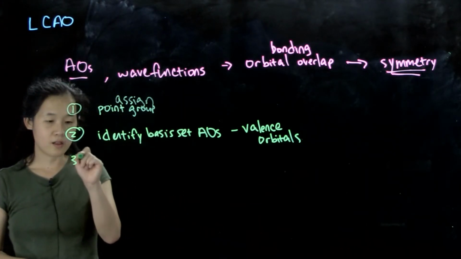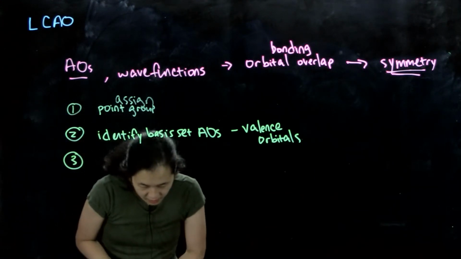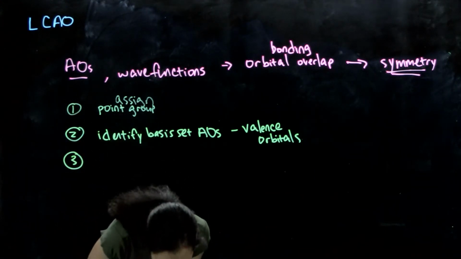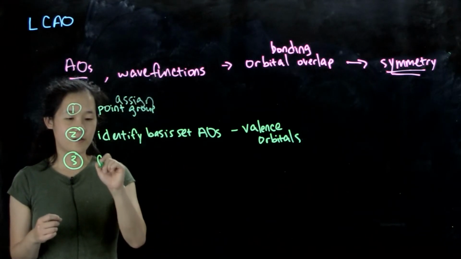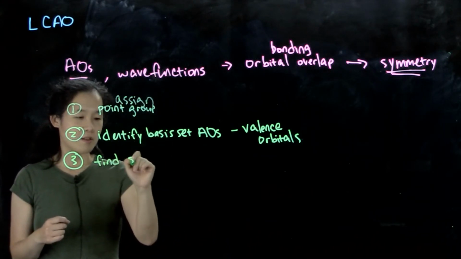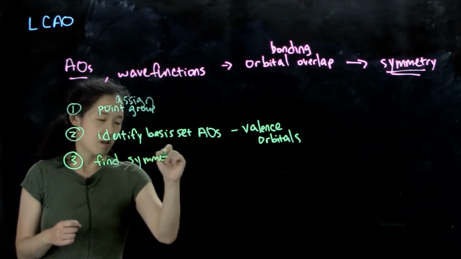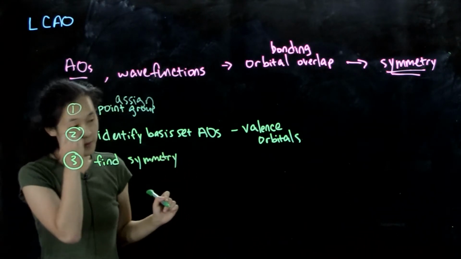Once we have our basis set, the third step is to figure out the symmetry of your basis set. Here is where understanding character tables comes in. So, find symmetry. There are two aspects to it.